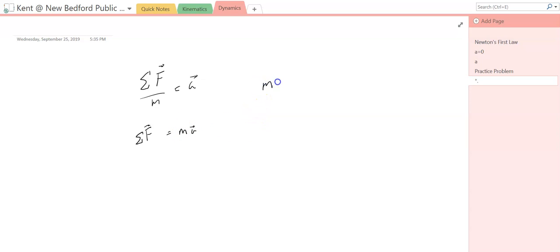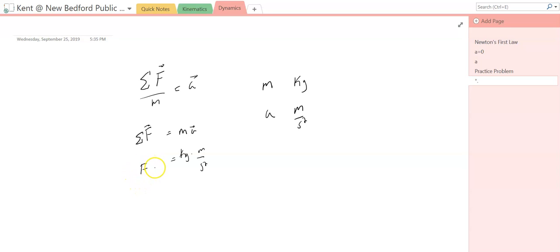Mass has units of kilogram, and acceleration is meters per second squared. So kilogram times meters per second squared equals your units of force, which we already know from the previous problem is newton.